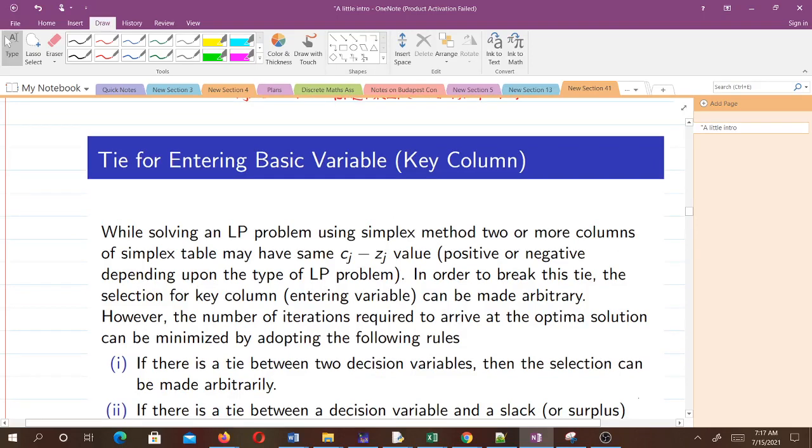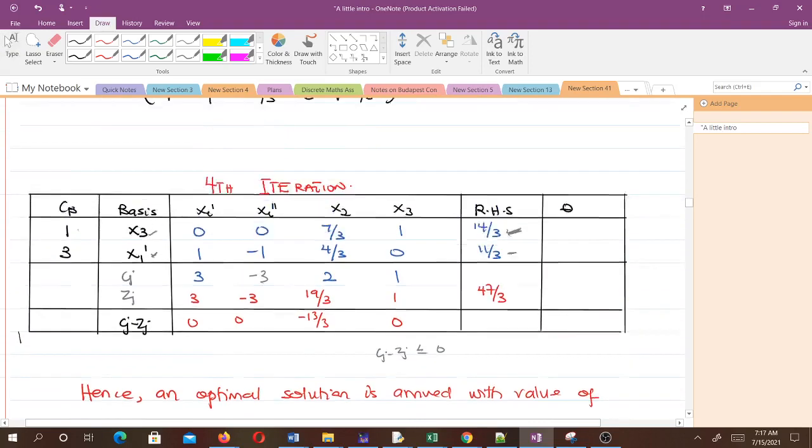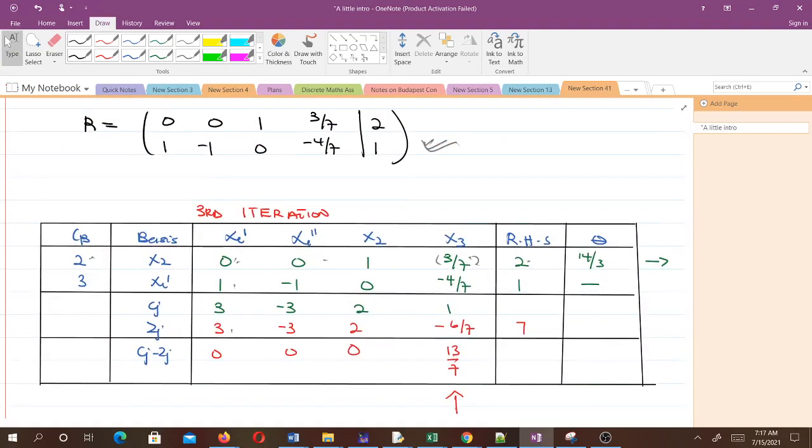When you are doing an iteration, for instance with this iteration, we're trying to maximize. That means the optimal solution is when all the cj minus zj's are less than or equal to 0.